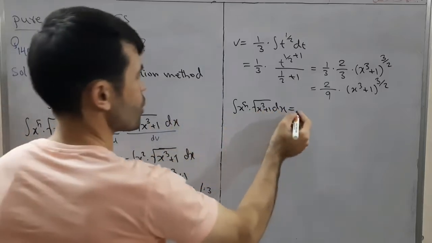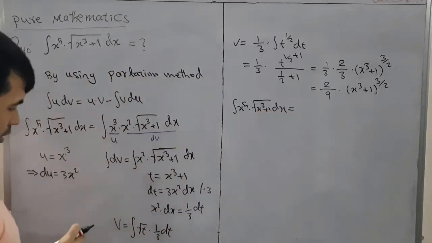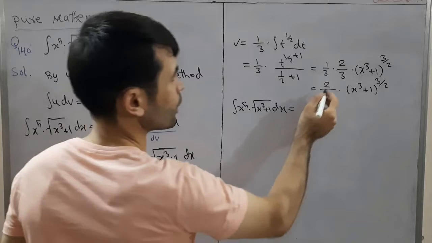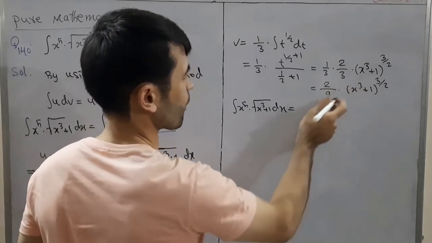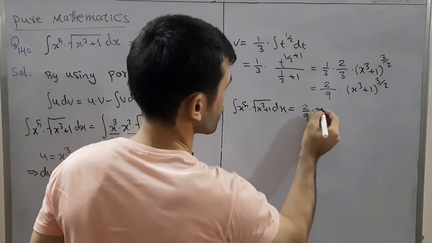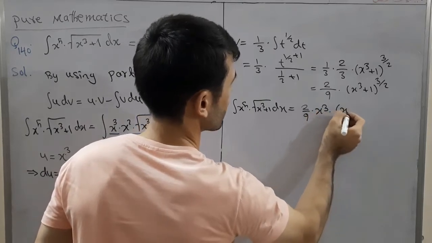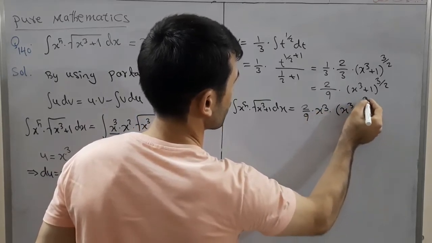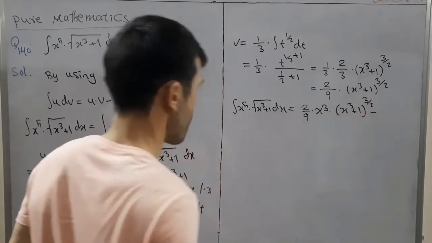It is u multiplied by v: u is x cube, multiplied by v, 2 over 9 into x cube plus 1 whole to the power 3 over 2, minus the integral of v du.